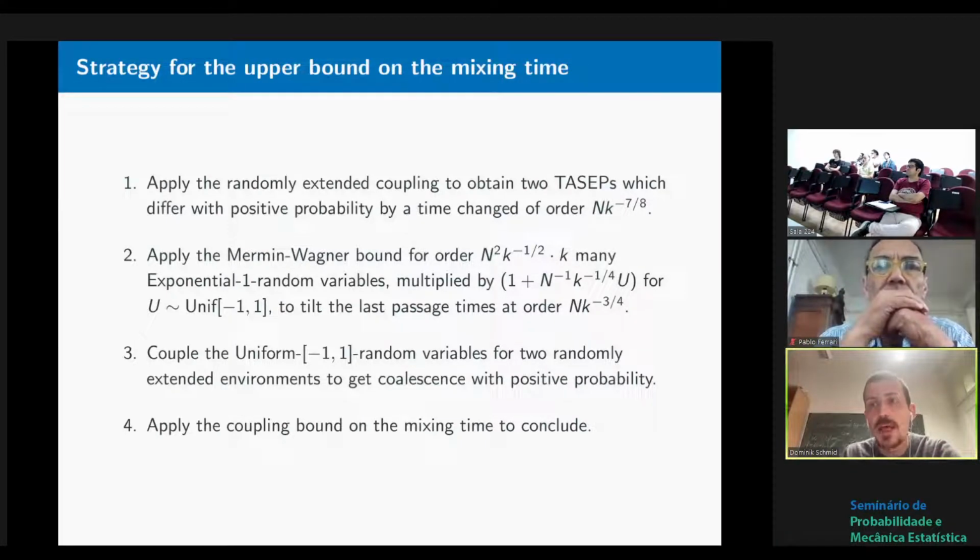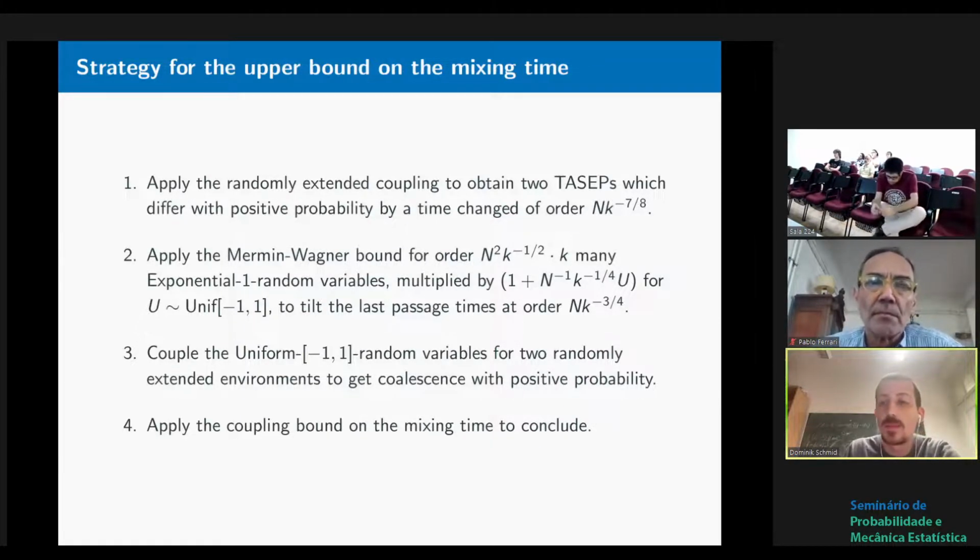But now, if we look at the environment, how many random variables are there if we look at the geodesic over a time of order n squared k to the minus a half? Well, there will be n squared k to the minus a half times k many exponential 1 random variables.